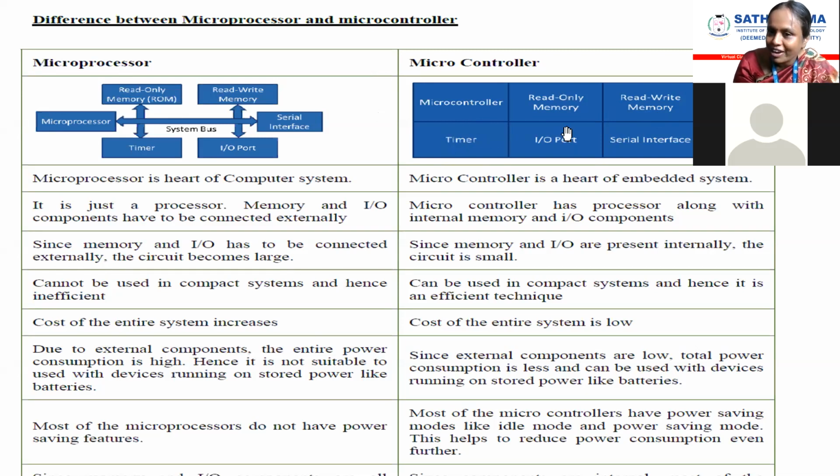The IO port 8255 you studied separately is not needed here, so the input output port is also inside. Then the serial interface. So in the microcontroller everything is embedded on a single chip, and we don't need any interfacing IC. It is very easy to connect with any specific system. That's why the microcontroller is very popular.